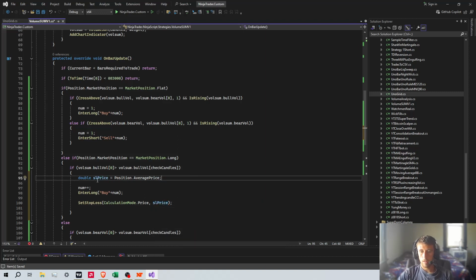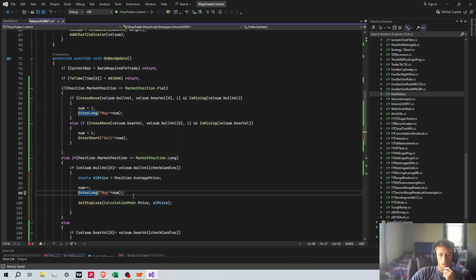So that'll just take it here, even though we are entering a new... Will that work though? It should, yeah. Hopefully it'll know that our stop loss is for both positions.